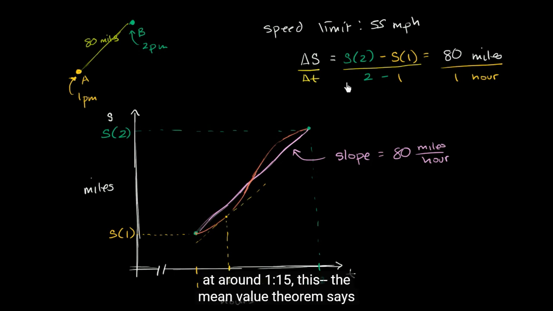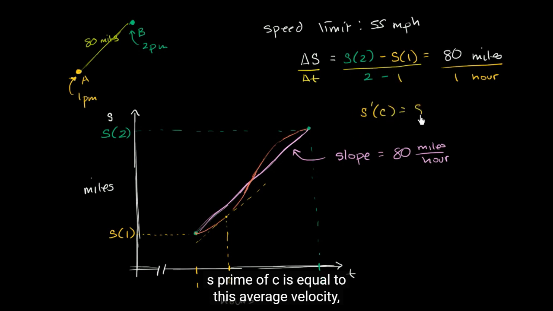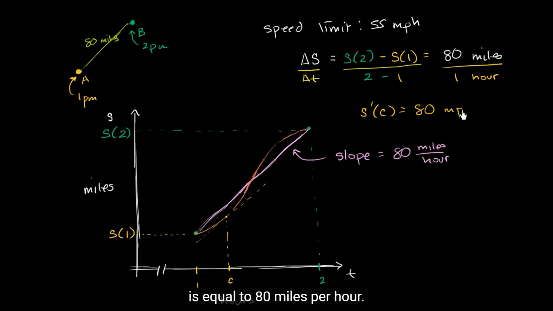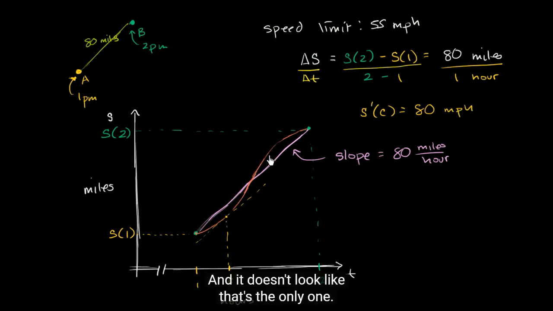The mean value theorem says that there exists some time where S prime of C is equal to this average velocity, which is 80 miles per hour. It doesn't look like that's the only one. It looks like this one over here could also be a candidate for C.